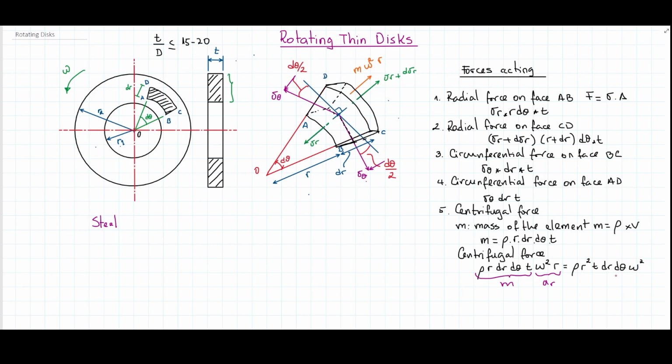So for us, it's pretty interesting to understand the equilibrium in the radial direction, because the equilibrium in the circumferential direction is canceling out. So let's start by working with that equilibrium. Let me write it down, maybe here. I will move this one and put it here. It's made out of steel, and then equilibrium in the radial direction.